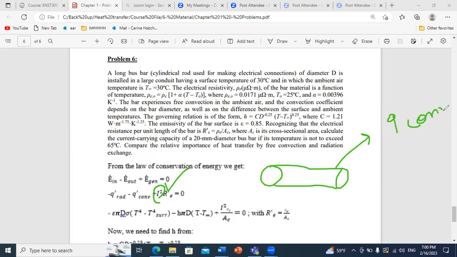Because we have generation inside, and we are releasing this heat to the surroundings through convection and radiation, the generated power is equal to the radiation power plus the convective power. So as you can see here, we can put minus Q prime radiation because it's lost by the system, minus Q prime convection, plus I squared R prime E equals 0.